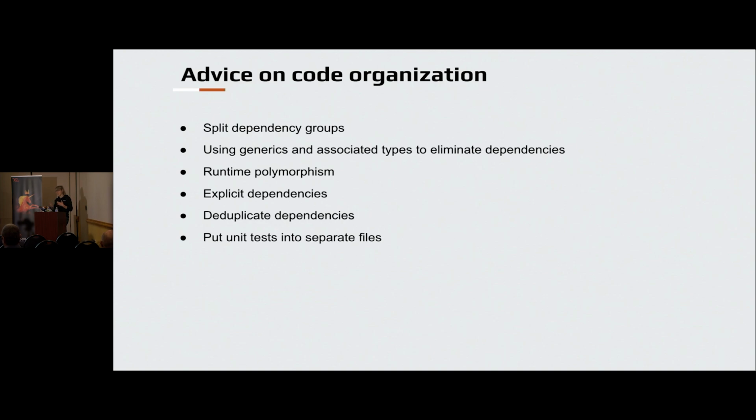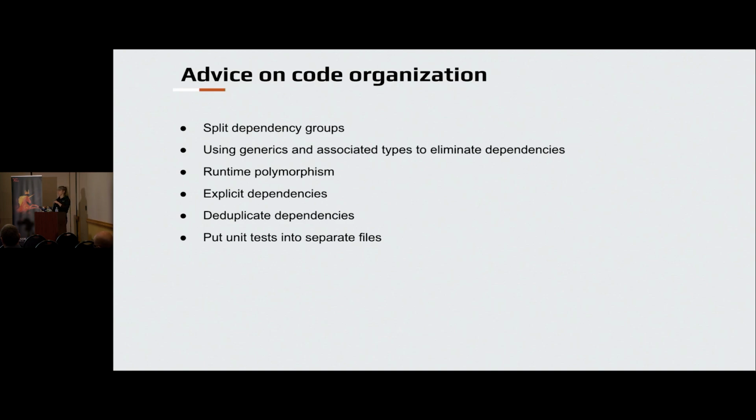Think about runtime versus compile time polymorphism. There are also explicit dependencies. We usually have duplicated dependencies. And I know in Rust you can have your tests within your production code, but when you think about larger teams and different code bases and how long your tests might run, it actually makes sense to put them in separate files and manage them separately.